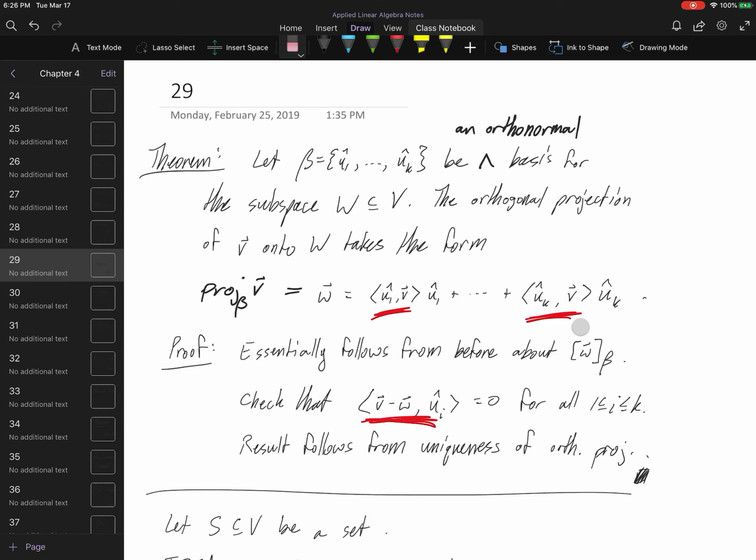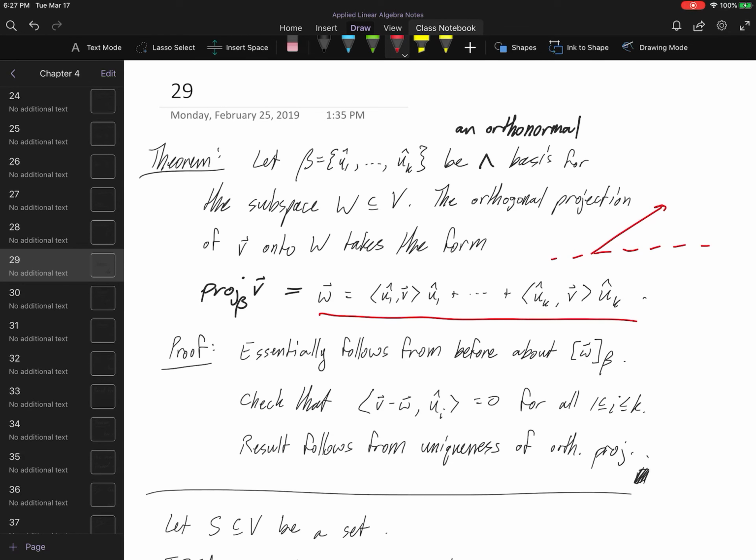This result follows from the uniqueness of orthogonal projections, right? That there's but one way to express w in terms of this orthonormal basis for W. Therefore, if I'm going to project this vector v onto this W space, then this is what has to be left over.